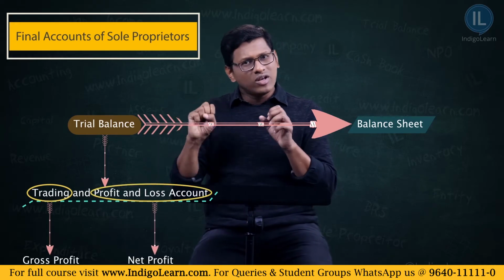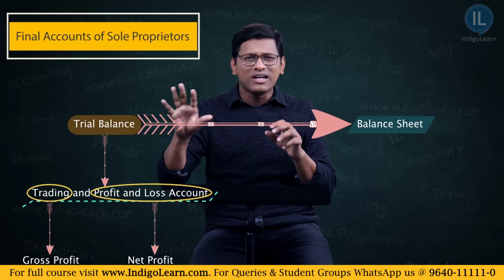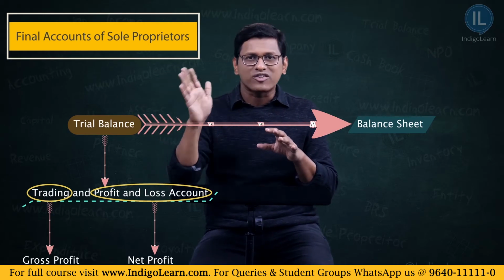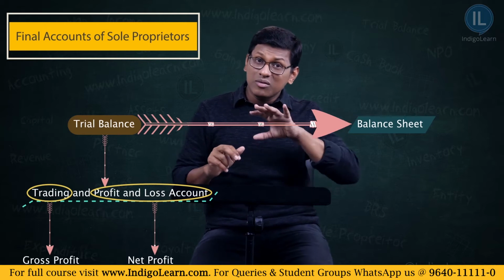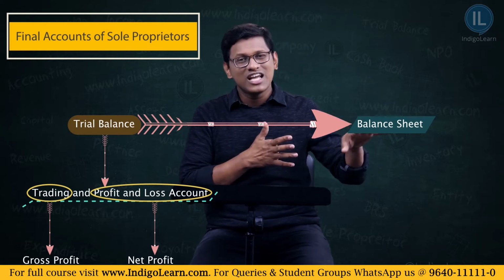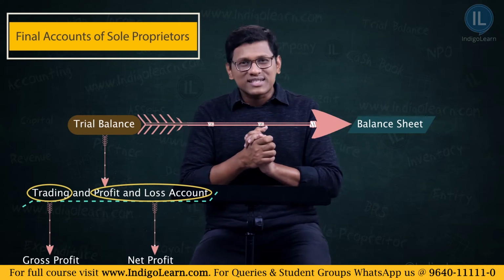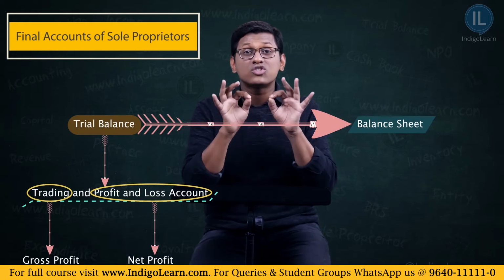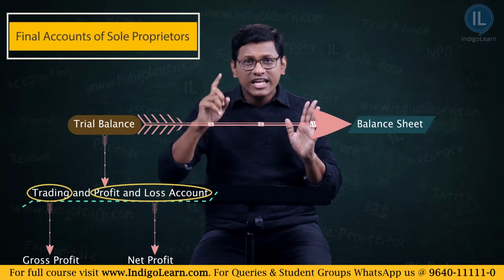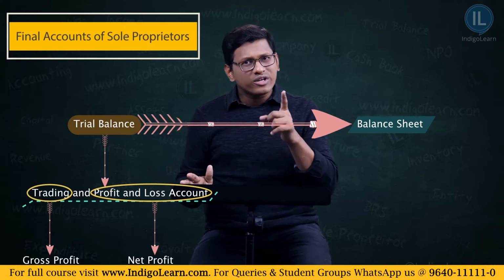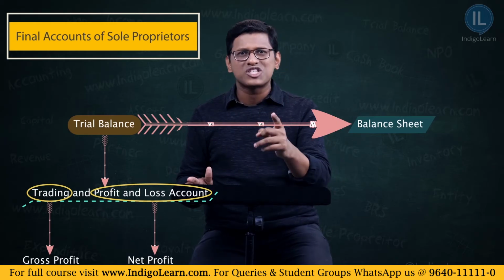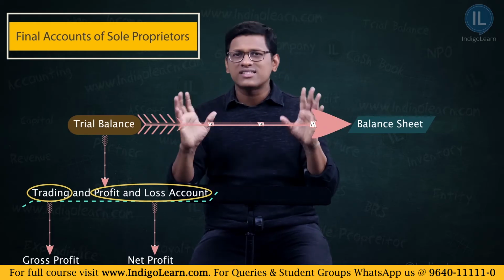So overall profitability we see from the trading and profit and loss account, and then we will move some items into the balance sheet. The point I want you to understand here is, this is going to be a super easy exercise if you apply your brain. If you try to learn it by heart, you will never learn it. If you use your common sense, if you understand the principles, it is very simple.